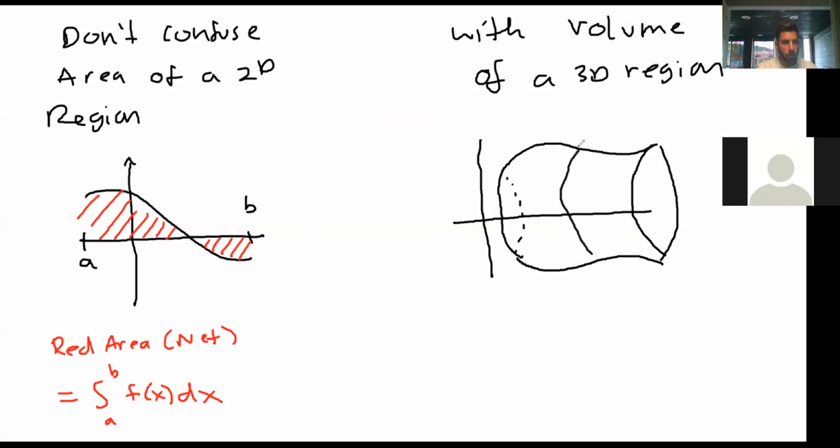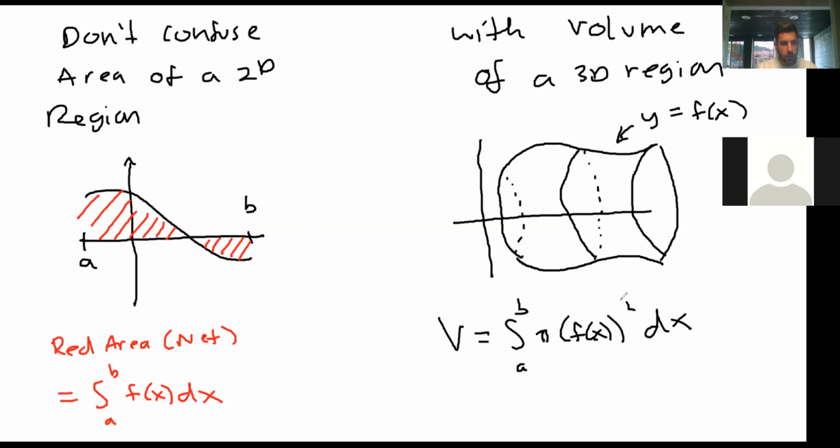What we showed here is that this is different. If this is the curve y = f(x), then the volume is the integral from a to b of pi times the function squared, because this is the radius squared. Remember, any point right here would be (x, f(x)). So these are two different things.